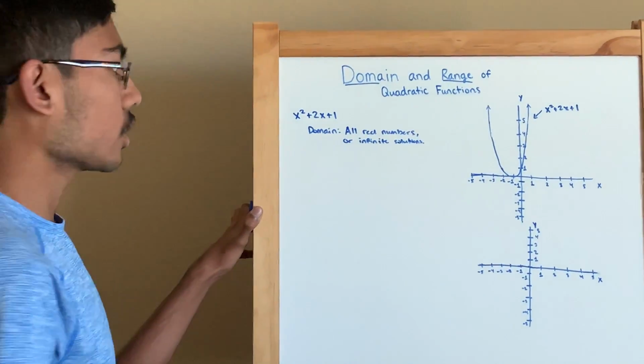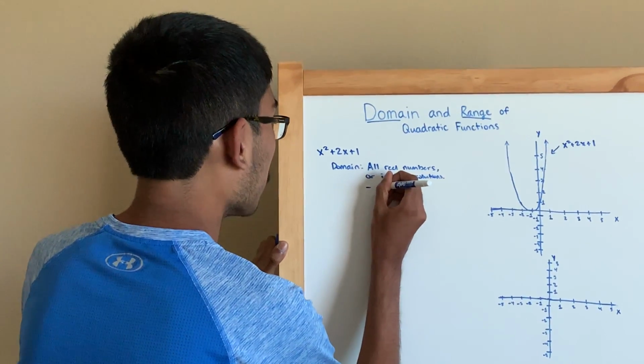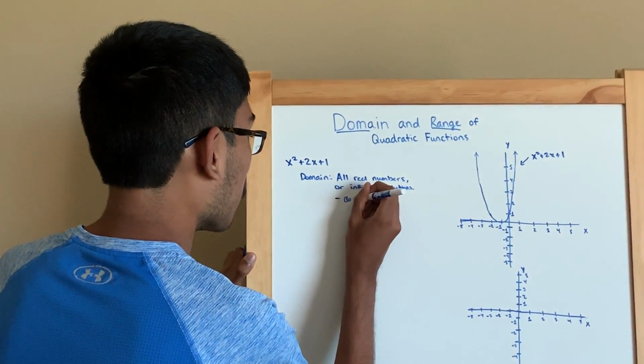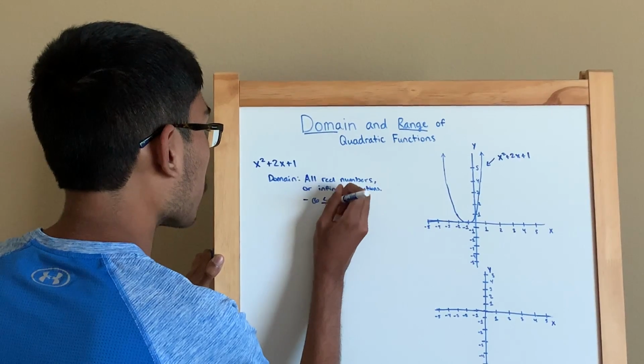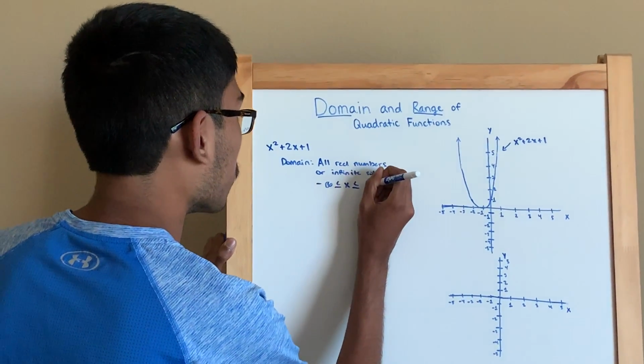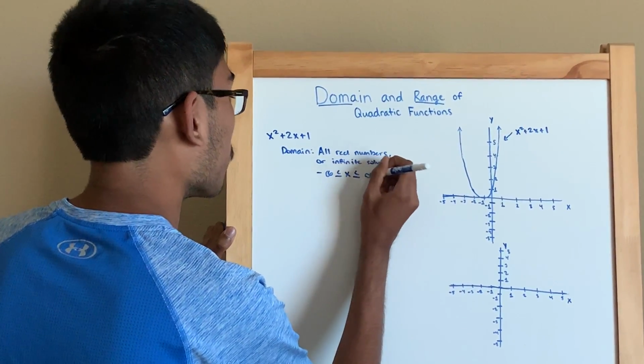You can also write this as negative infinity is less than or equal to x is less than or equal to positive infinity.